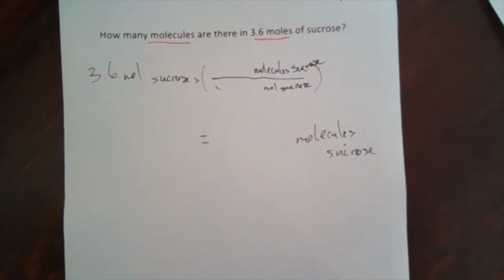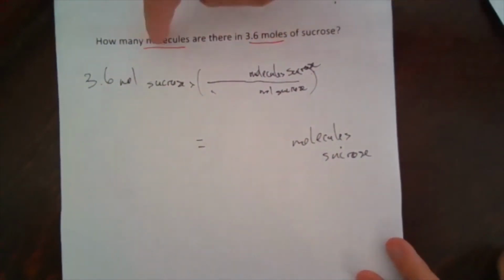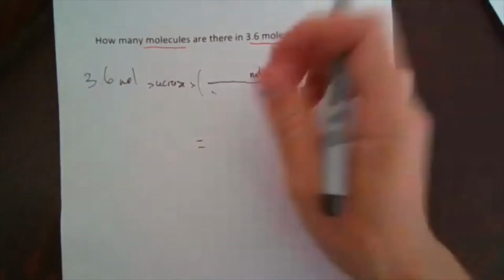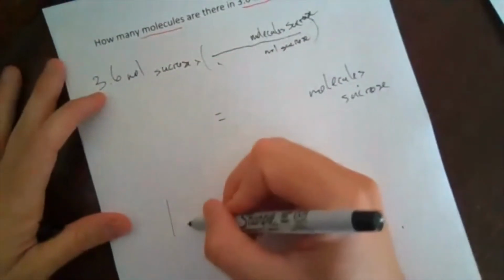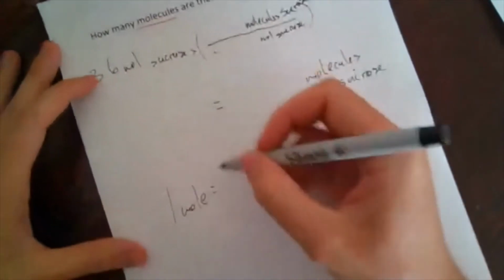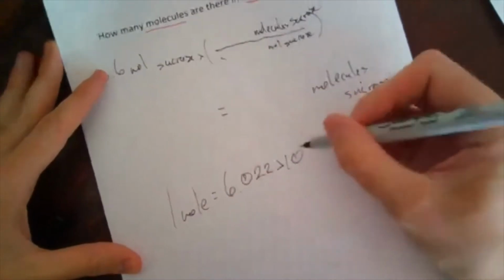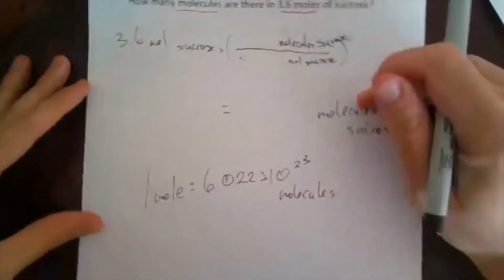And just like we've seen in the past couple of problems, we're looking at a group of objects, some sort of counting group of objects. We want to relate it to individual objects in that group. So the question is, how big is this group? So 1 mole is equal to 6.022 times 10 to the 23rd molecules.